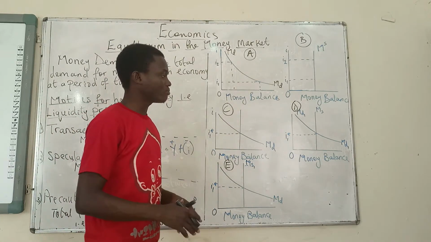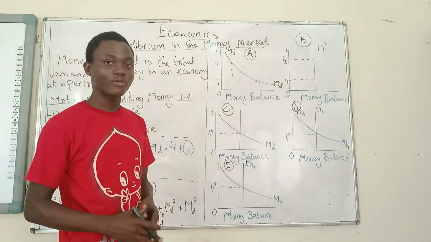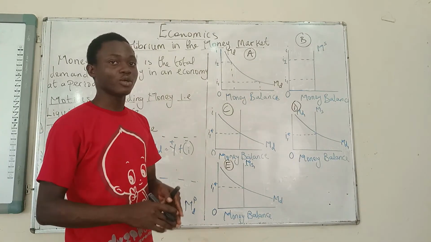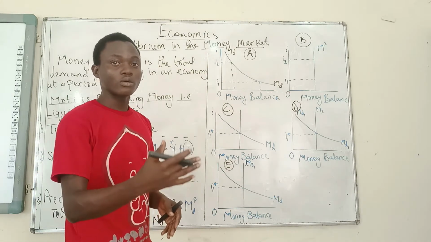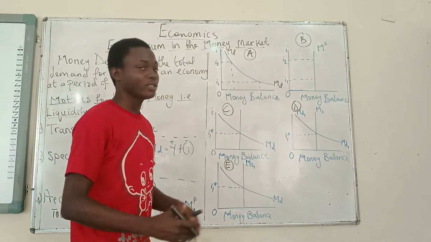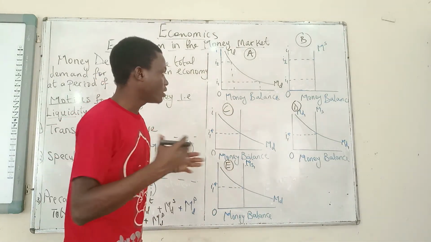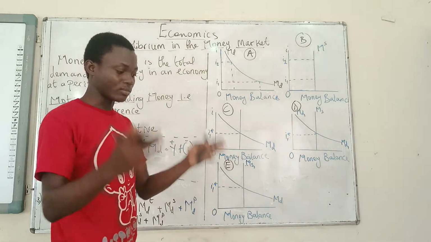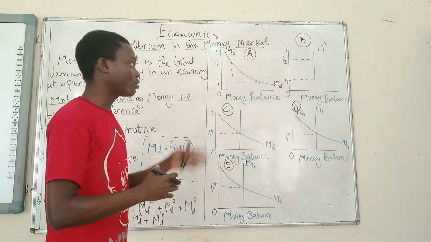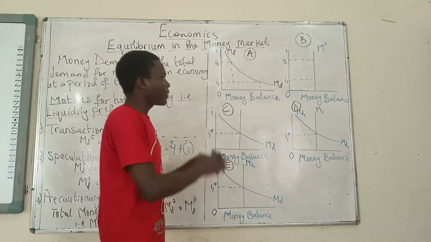And when it decides to take some money away from the economy, it does open market sales, selling bonds to individuals in the economy. Those individuals pay, and the money is brought into the central bank. In that way, money is taken away from the economy and held with the central bank. So that's that about that.